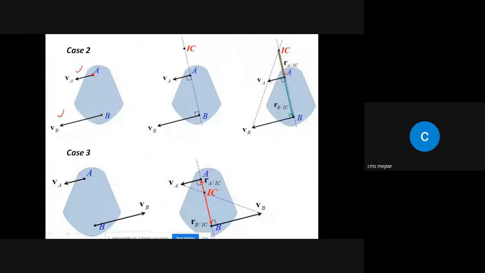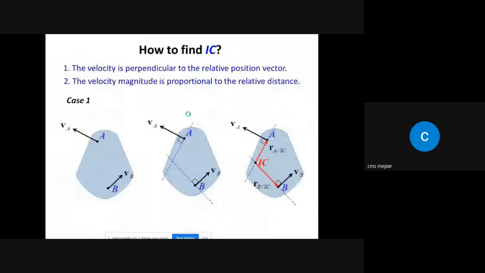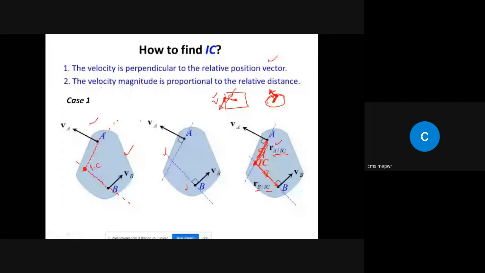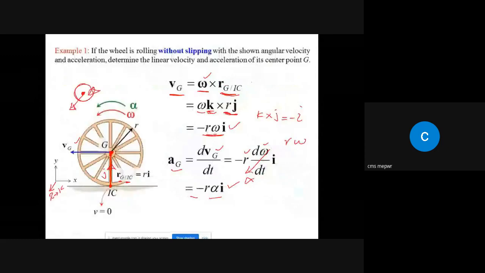In this case, if you draw the perpendicular lines, the instantaneous center will definitely be somewhere on them, but we don't know where. So we can use the second condition: the velocity magnitude is proportional to the relative distance.